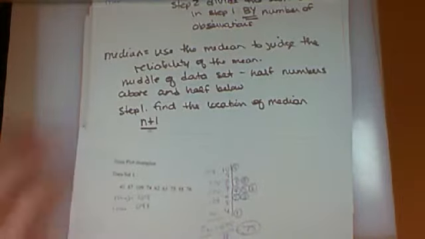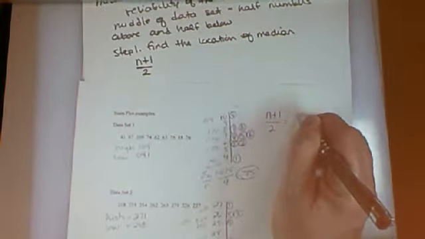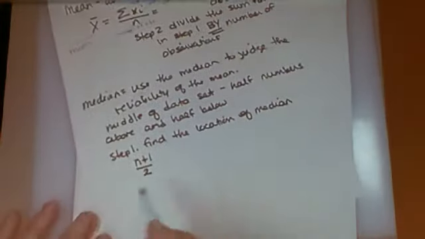So in this first data set we had 9 observations, right? So if I take n plus 1 divided by 2, 9 plus 1 divided by 2, 10 divided by 2 would be 5. The 5th number.